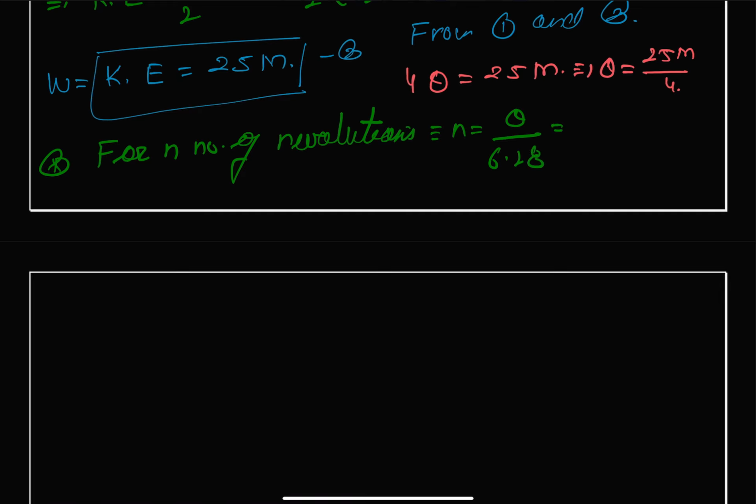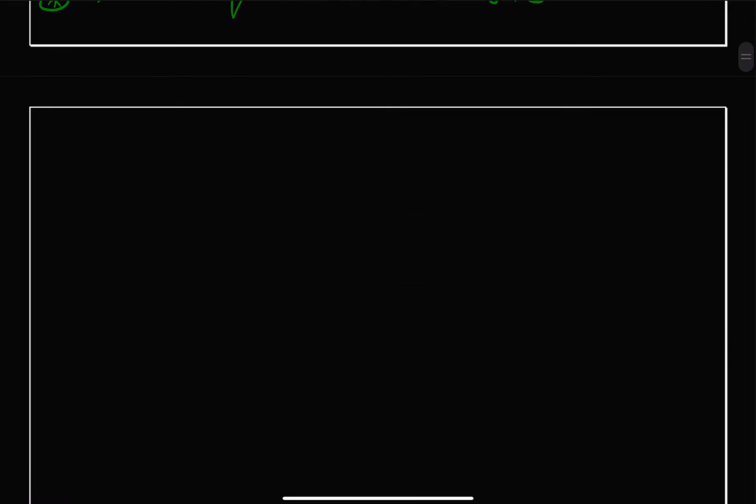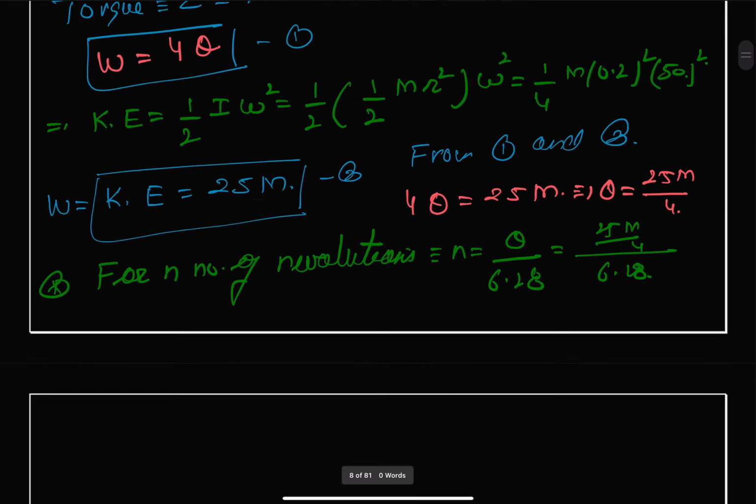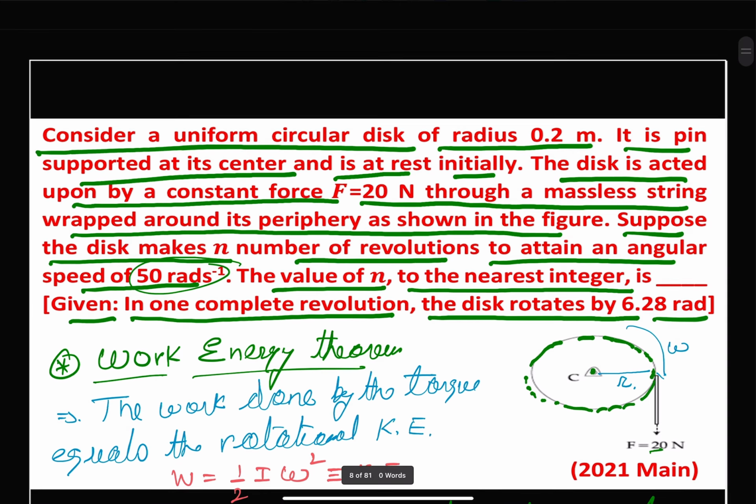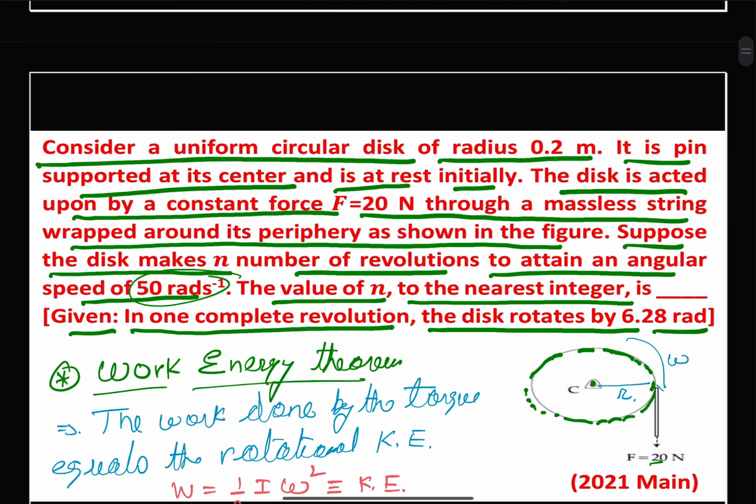Theta we already know is our 25 m upon 4, and this is 6.28, and m is also given to us. It is 1 second.